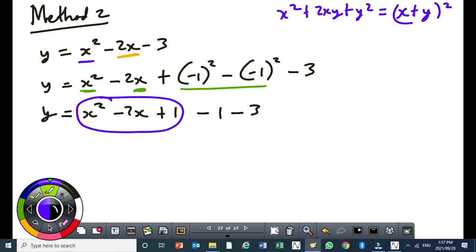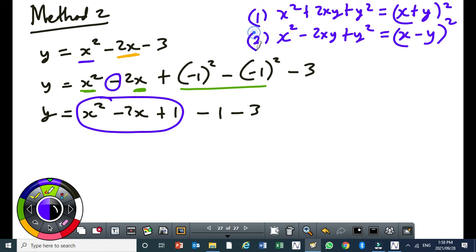Another one is x squared minus 2xy plus y squared, which is equal to (x minus y) squared. In our situation, since we have a minus here, we are dealing with number 2. So from here, you get y equal to (x minus 1) squared minus 4.